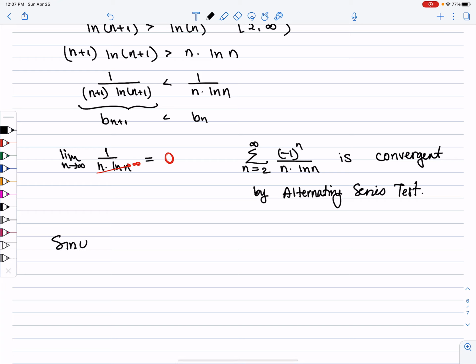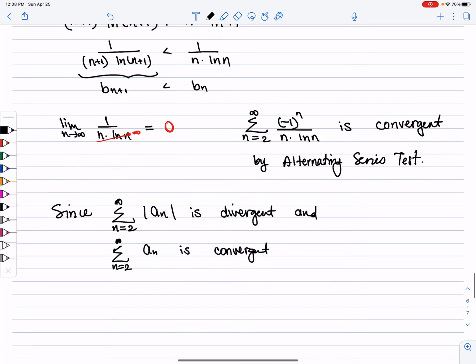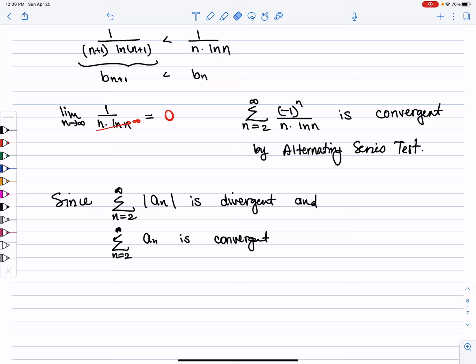So we can say that since sigma as n goes from 2 to infinity of the absolute value of a sub n was divergent, and sigma as n goes from 2 to infinity of a sub n is convergent, we can say the first one was divergent by the integral test.